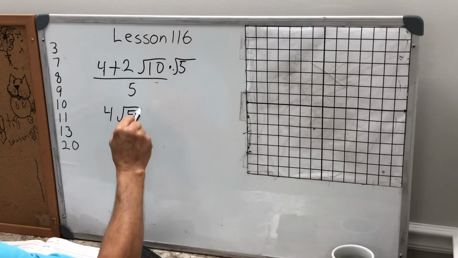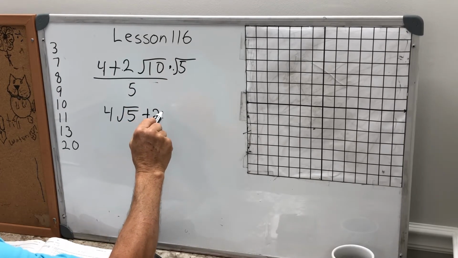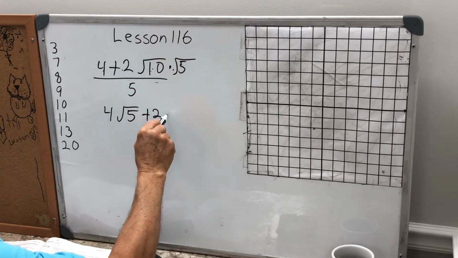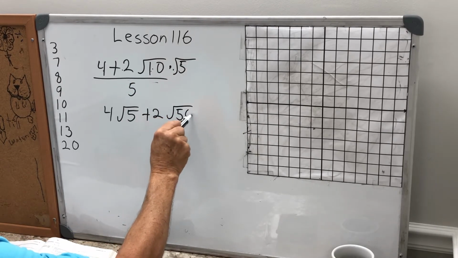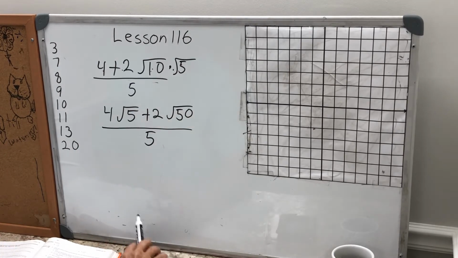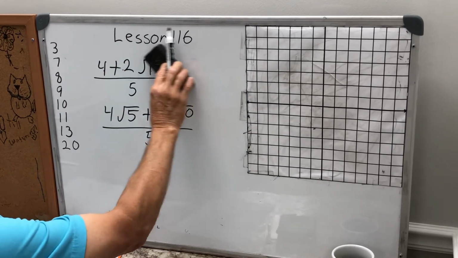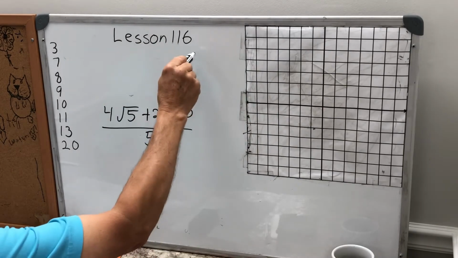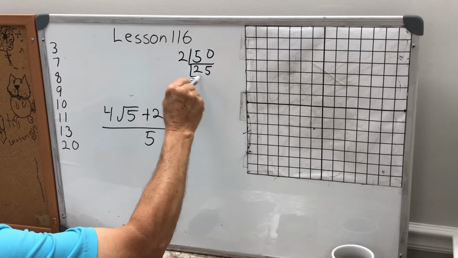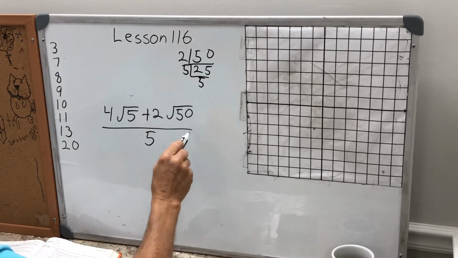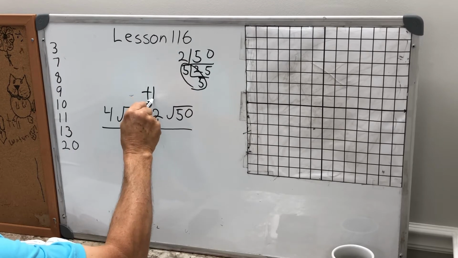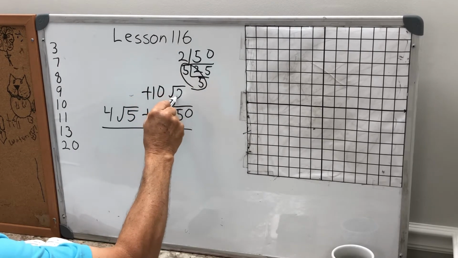And 2 is a positive 2 square root. 10 times 5 is the square root of 50. And still over 5. Okay, got that point. Now the 50 can be reduced. 50 is 2, 25, 5 and 5. 5 times 2 is positive 10 square root of 2.